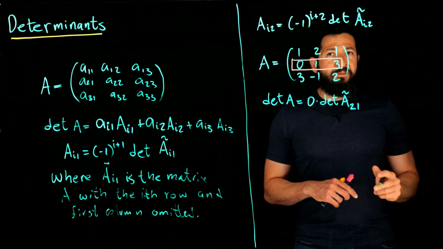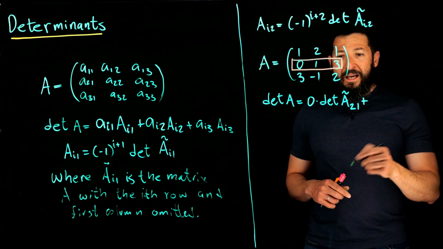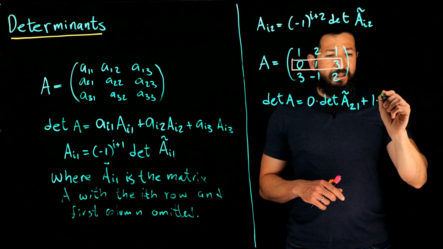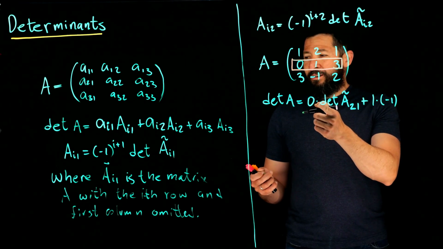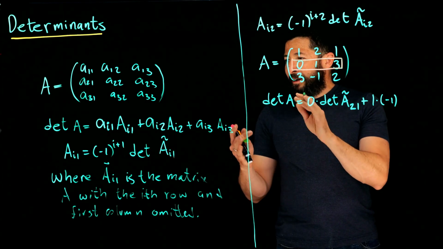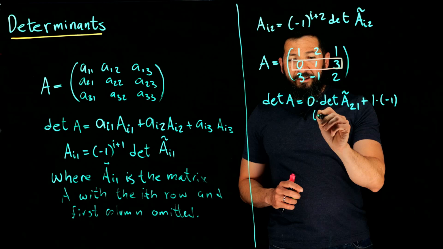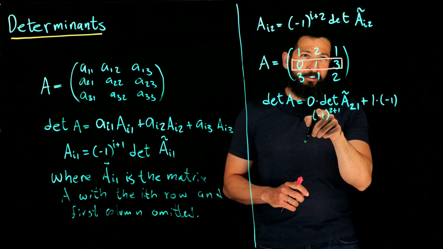No, because it's multiplied times 0, so I don't have to compute it. That's why you choose however many zeros you can. Then 1 times -1. It's true that you're multiplied times 0, but somebody forgot this term here. So since I'm multiplying times 0, I'm going to omit it, but technically you have to have a -1 to the 2 plus 1, which is going to be a negative term here.